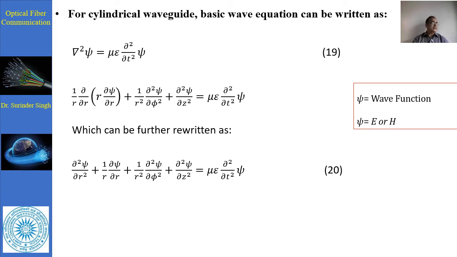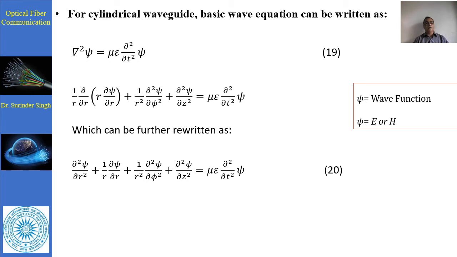Now, del is basically the Laplacian, and this Laplace operator may be a scalar Laplacian or a vector Laplacian, depending upon whether it operates on a scalar or a vector. For del, the value is d upon dr, d upon d phi, d upon dz.